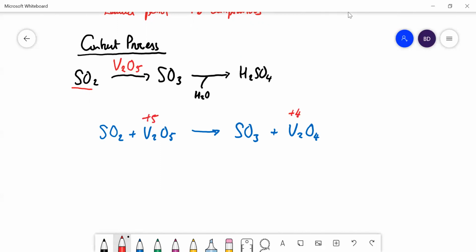Then in the next step, V2O4 reacts with oxygen to regenerate the V2O5 catalyst. So the vanadium(V) oxide doesn't change permanently in the reaction, so it's acting as a catalyst. As I say, it's a heterogeneous catalyst because vanadium(V) oxide is a solid, and SO2 and oxygen are gases.